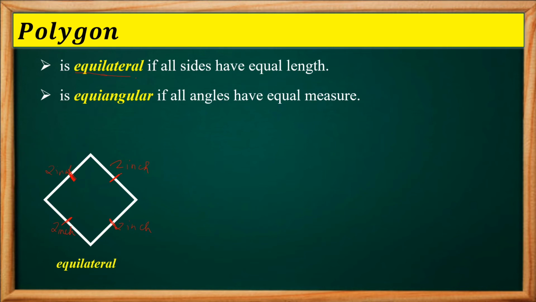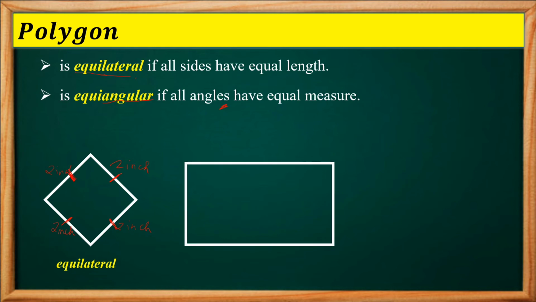Then it is equilateral. Now, equiangular. If all angles have equal measures. From the word itself, angular, it means angle. Ibig sabihin, equal measures yung mga angle natin. Example on this figure. It is an example of equiangular. Why? Because the angle of this figure is 90 degrees. This one also is 90 degrees.